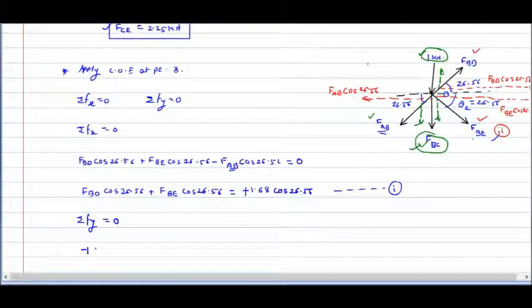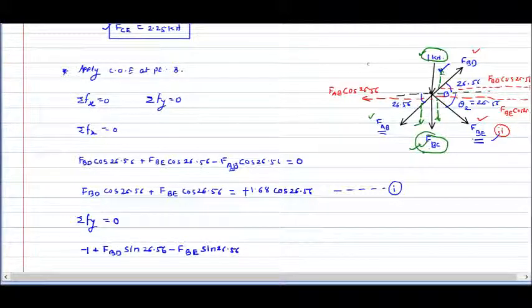Then plus the y component of FBD, force in member BD sine of 26.56. Then the y component of BE, which is minus force in member BE sine of 26.56.